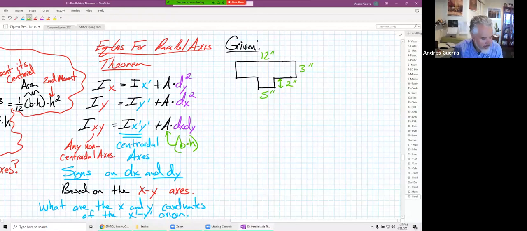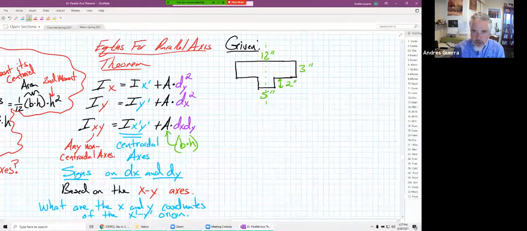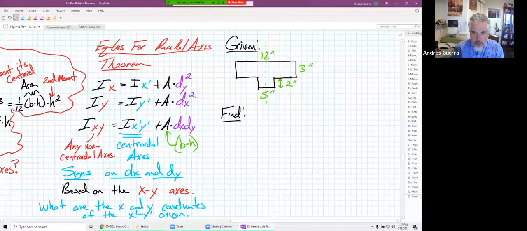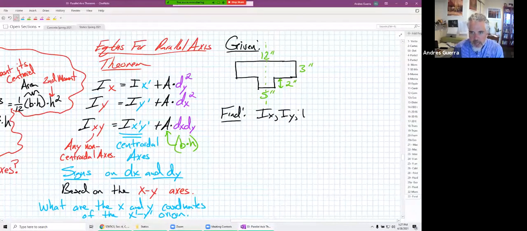And we do have symmetry here, where this is a line of symmetry right there. What we want to find for this is Ix, Iy, and Ixy for the composite centroid.